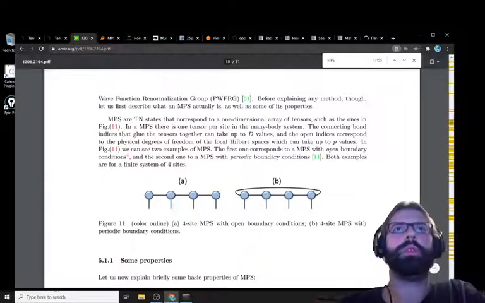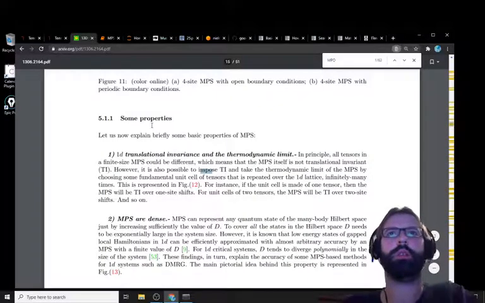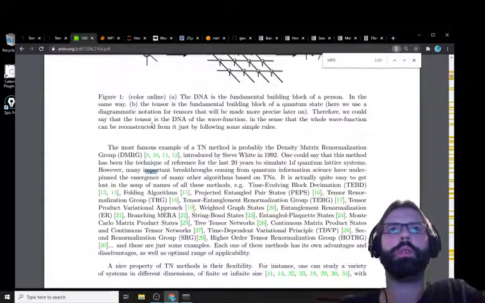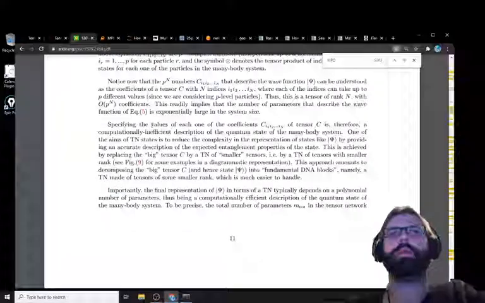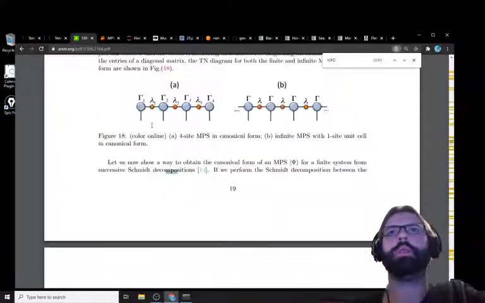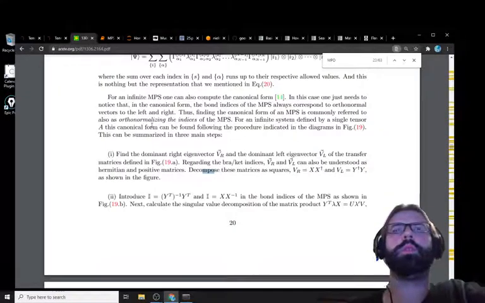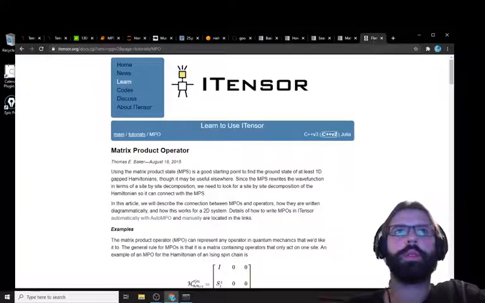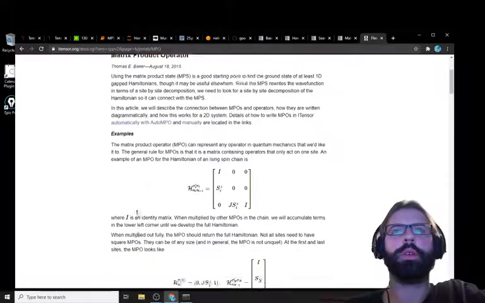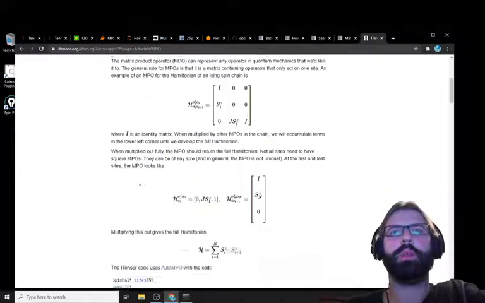So here's an example. Maybe is there anything in here about MPOs? No. I don't think so. Matrix product operator example.